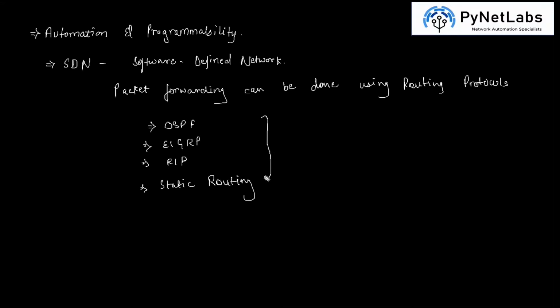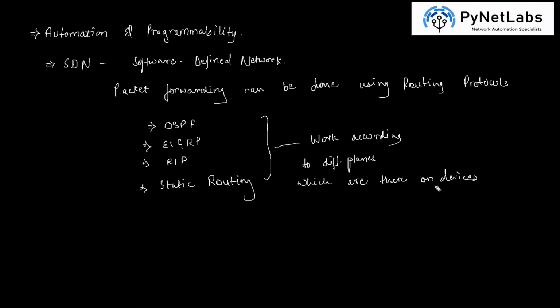Now these techniques, or I would say protocols, work according to some planes which are available on all devices which are out there in the market. These work according to different planes which are there on devices available out there.